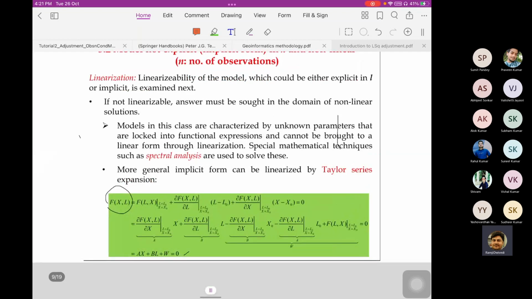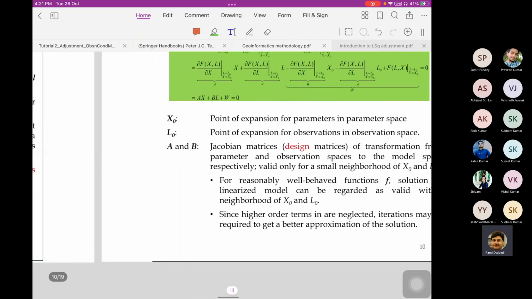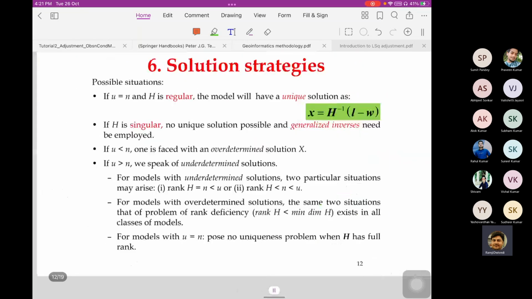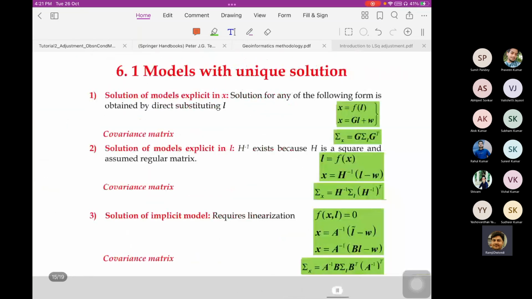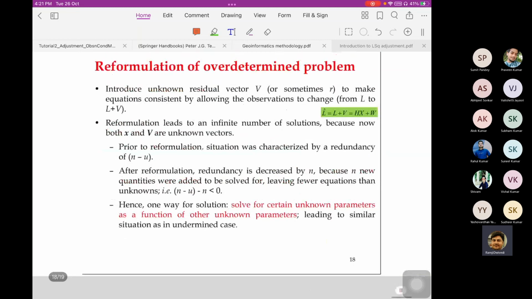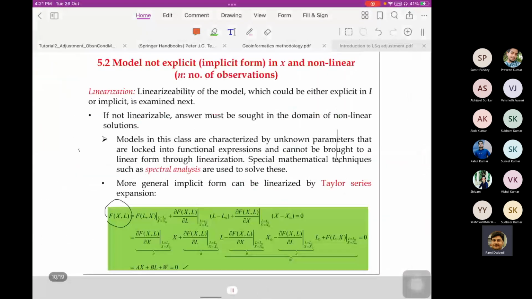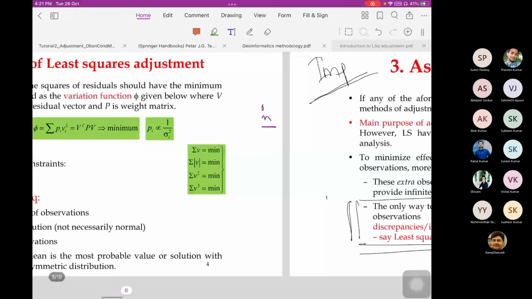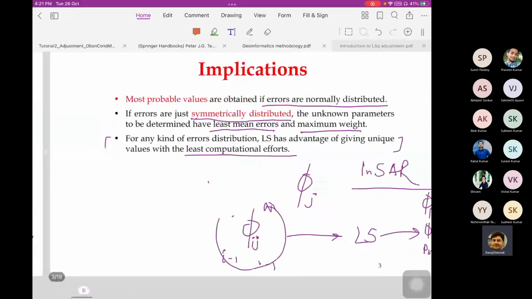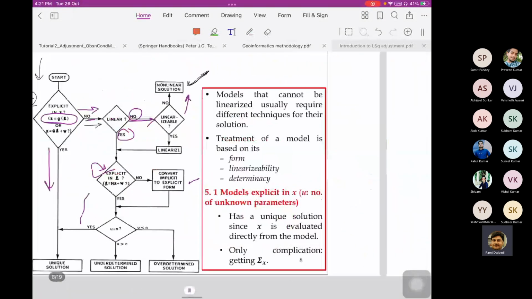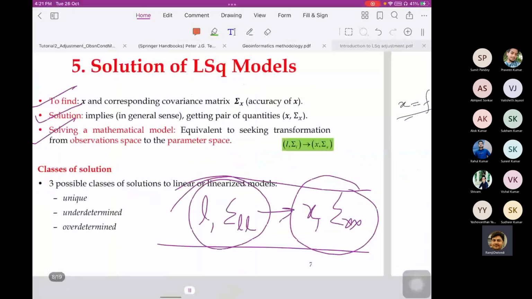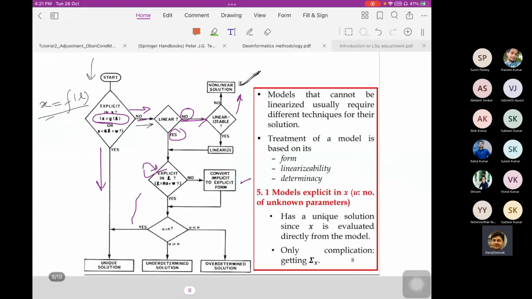Before discussing this, let me just take you to one figure, a very good figure, which you will appreciate. This figure is not available here. I guess we missed the figure. That figure is a very nice example of relating the observation space to parameter space.